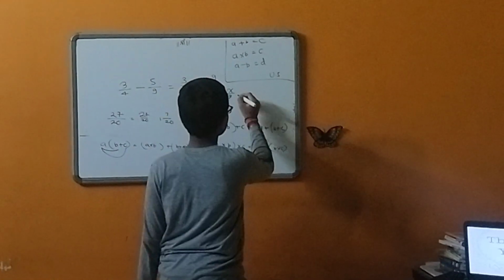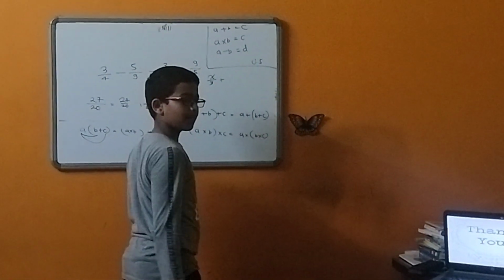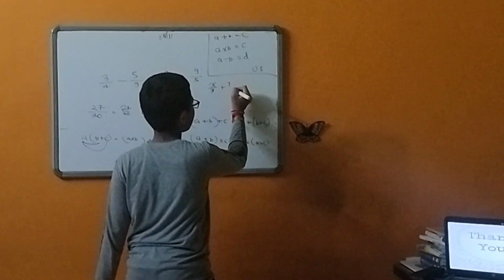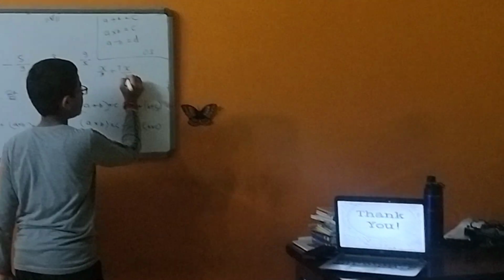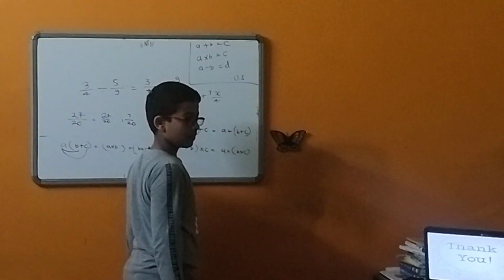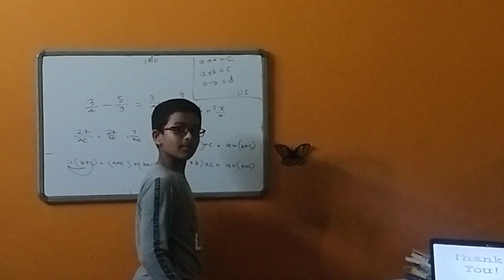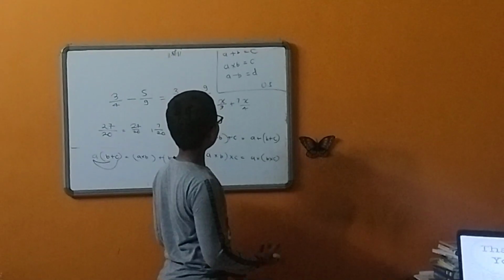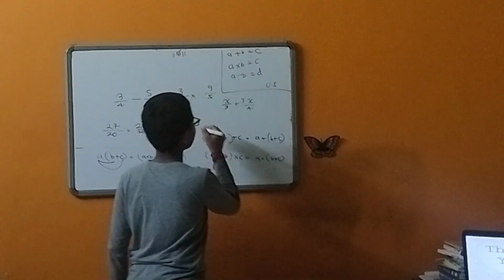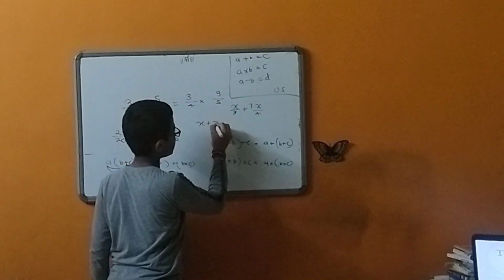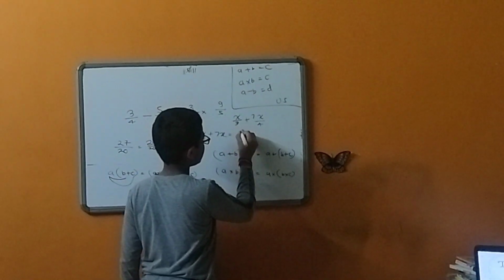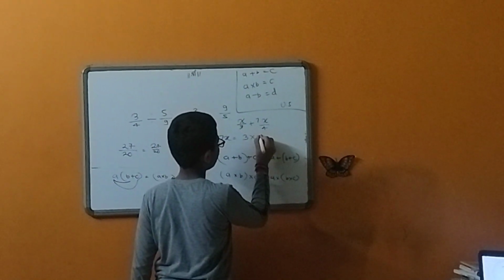X upon 3 plus 7x upon 4. Answer. Divided by 4.